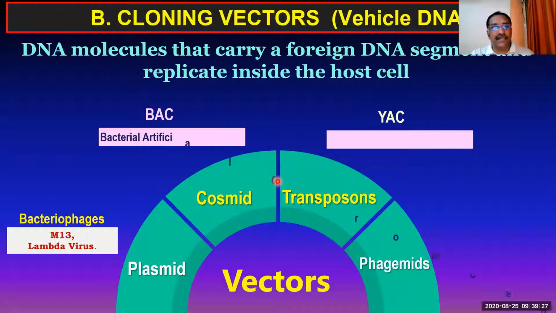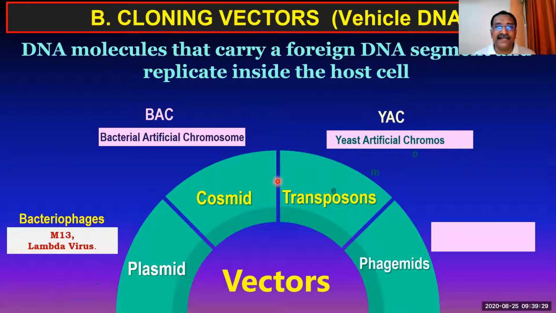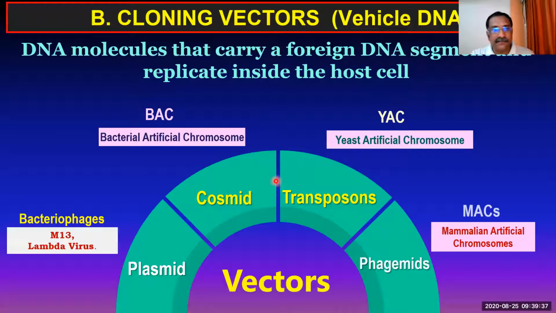Now you see on your screen, three terms I specified, the rest have come together. In addition to that, there are phagemids, there are bacteriophages, there are bacterial chromosomes, there are YAC, that is yeast chromosome, there are MAC, that is mammalian chromosome, but all these are artificial.